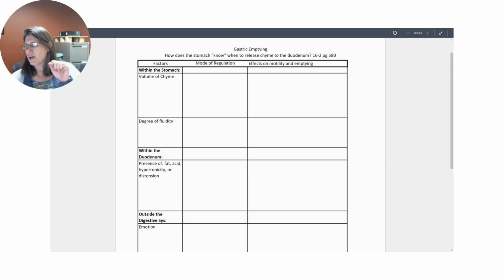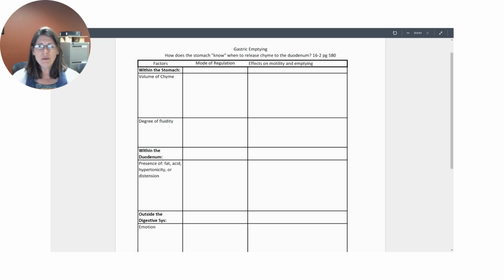So again, that receptor will send that response to the pyloric sphincter and close it. Okay, so now, as you saw in the previous table, the previous activity that you did, as we're working on the fats and the acids, and the hypertonicity, the fats will start to go down because the enzymes are working on it. The acid will start to get neutralized because the buffer is in there.